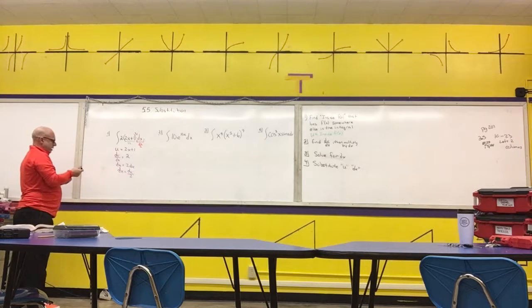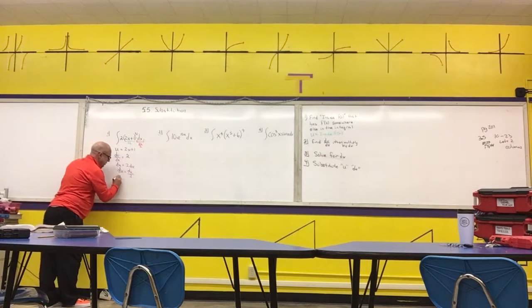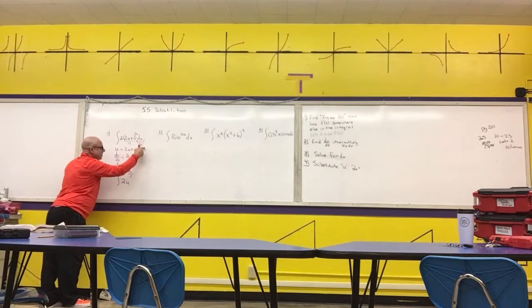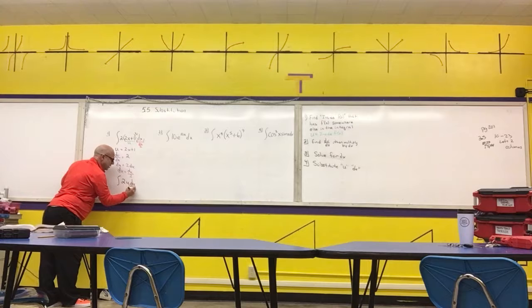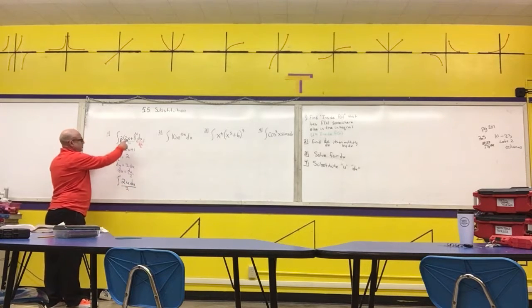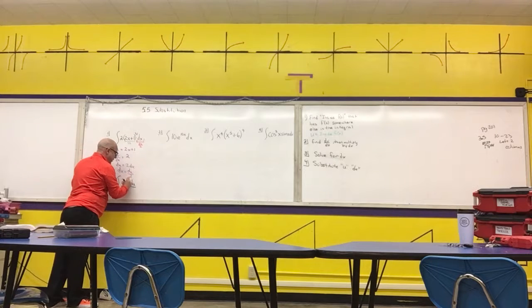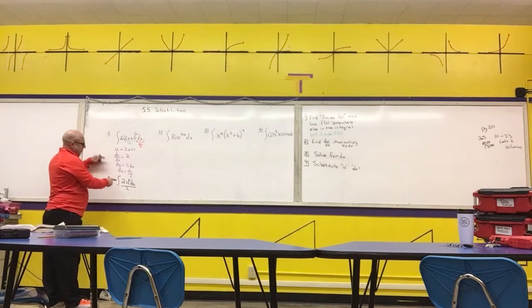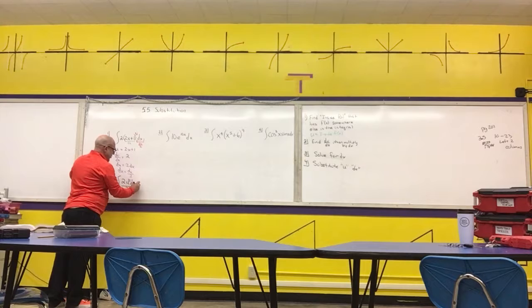So I now have the integral of 2u to the 31st, du over 2. Sorry about that, forgot that. Which is equal to the integral of u to the 31st du.